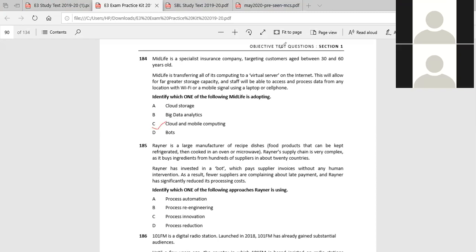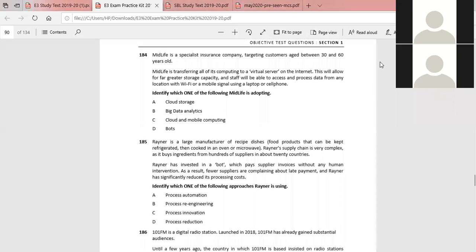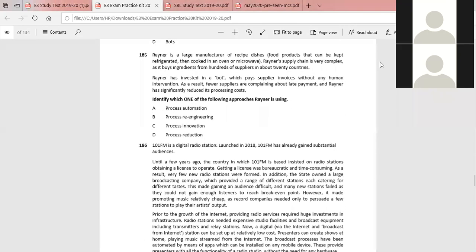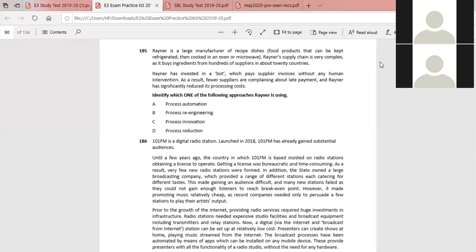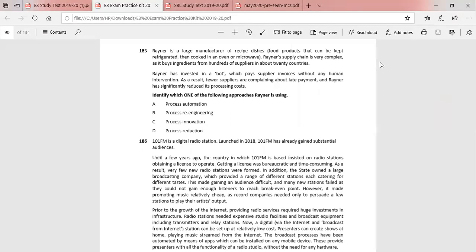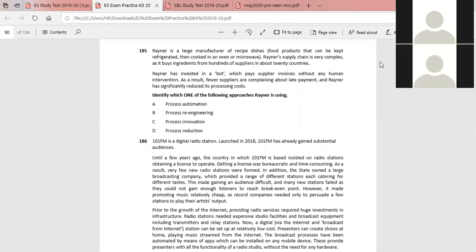Then we have the next one, 185. Rainer is a large manufacturer of recipe dishes, food products that can be kept refrigerated and then cooked in an oven or microwave. Rainer's supply chain is very complex as it buys ingredients from hundreds of suppliers in about 20 countries.